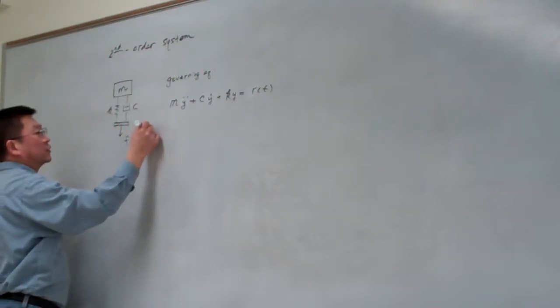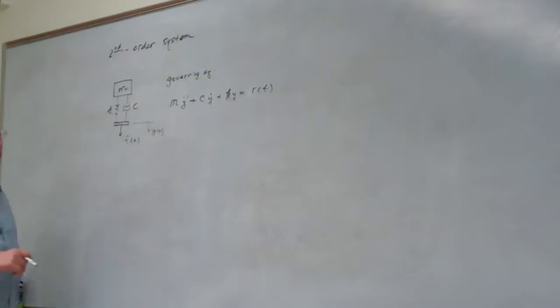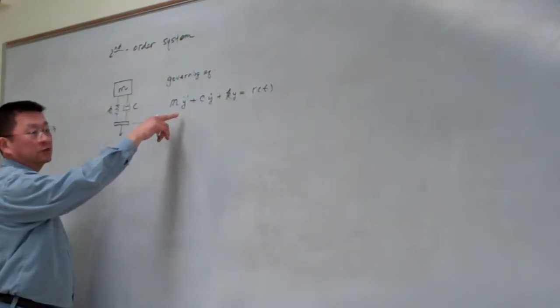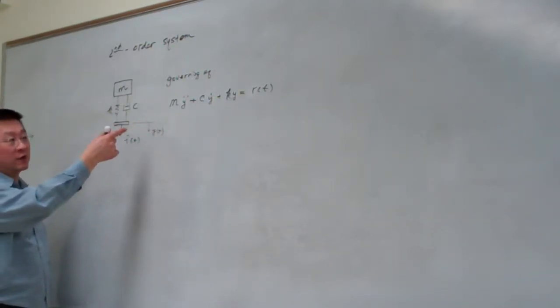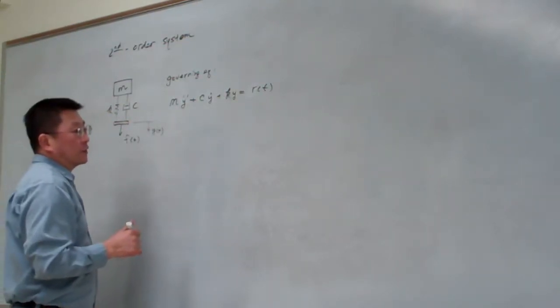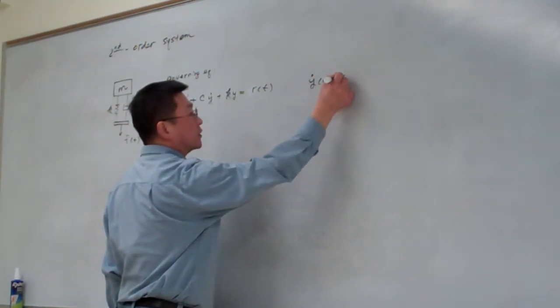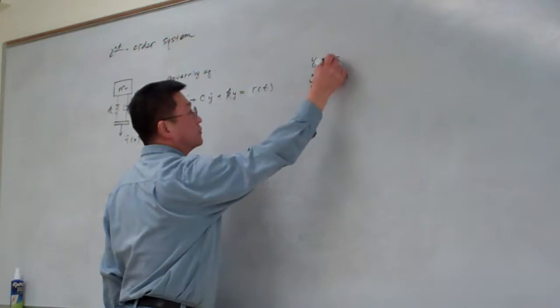So this is the degree of freedom y of t. And again, in the following lectures, we will have sections to show you how to derive the governing equations. But here we start with this. So for this example, assuming we have the initial conditions and both are equal to 0.